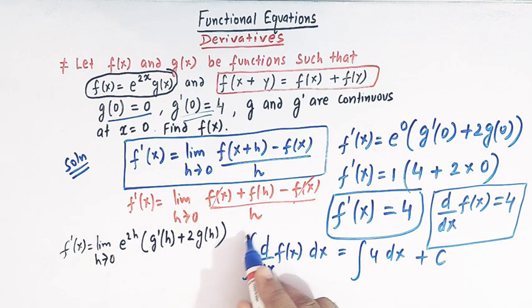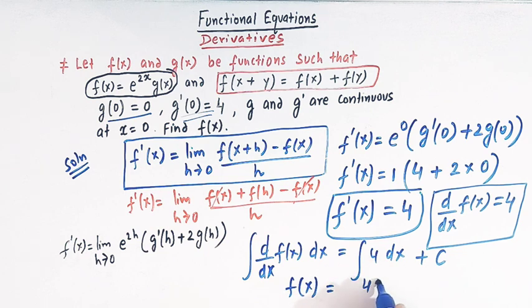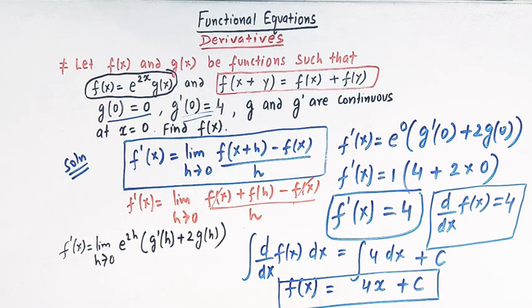So here the integral of the derivative of f of x is the function itself. So we have f of x equals 4x plus c, right? So f of x is a linear function in x.